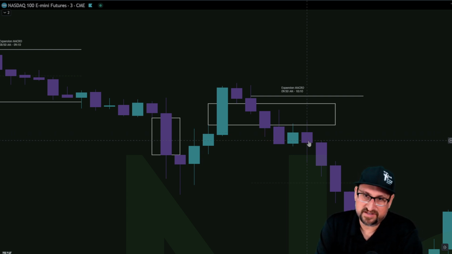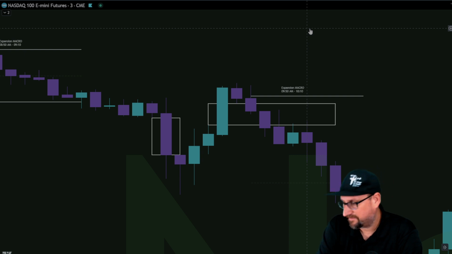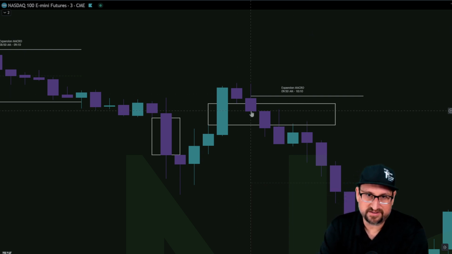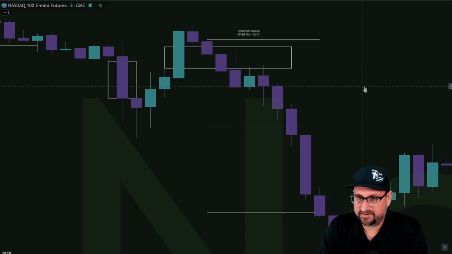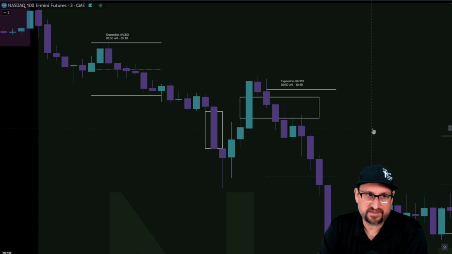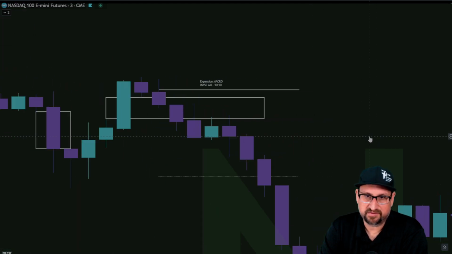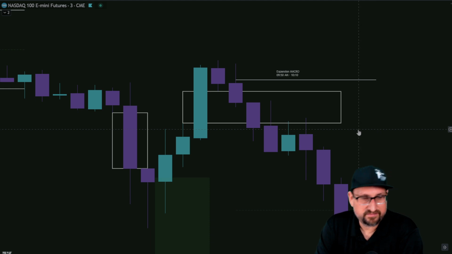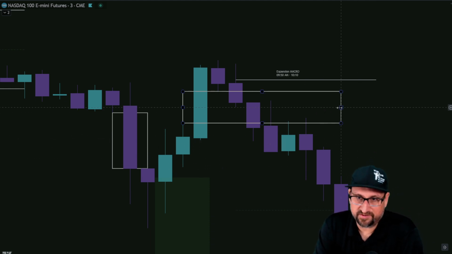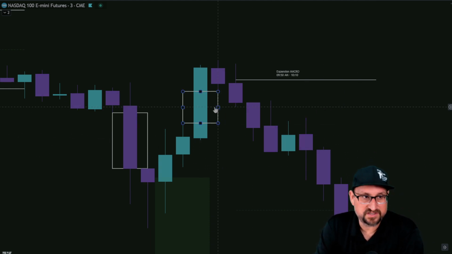If this candle had come down, wicked, and then just blasted off, obviously I'm not even going to consider this fair value gap. I'm going to stay away from it. But I entered the trade in one of these two candles right here, and it was good to go. That was showing me that the bearish scenario was going to play out. An inverted fair value gap is your fair value gap that has been disrespected.